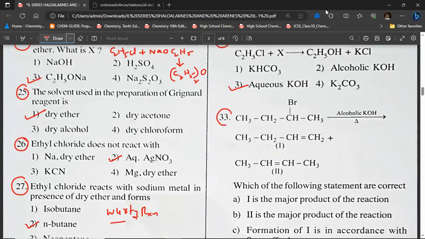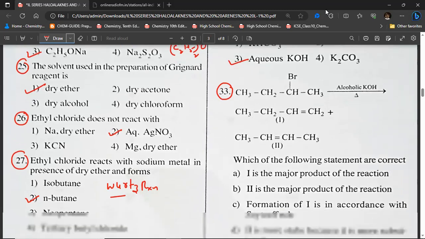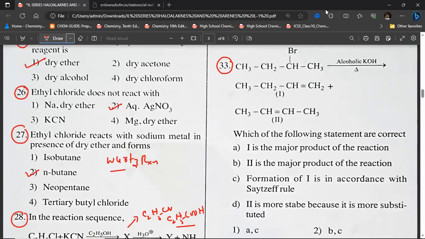Next, 33rd question. See, alcoholic KOH is there. Obviously, it gives an alkene, a double bonded compound, in which the double bonded carbons get stability from more alkyl substituted groups. That means an alkene with highly alkylated substitution is more stable. So the second one is more stable because it is more substituted, and the first one is a minor product, not the major product.